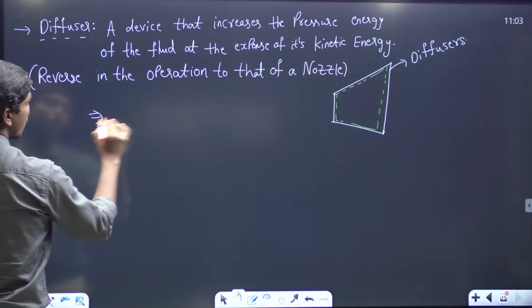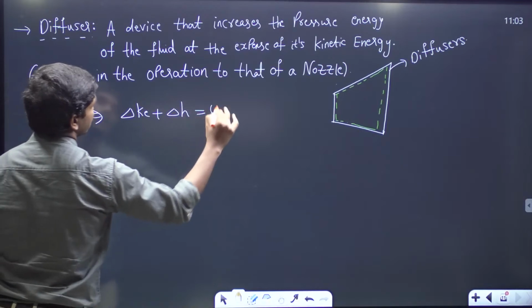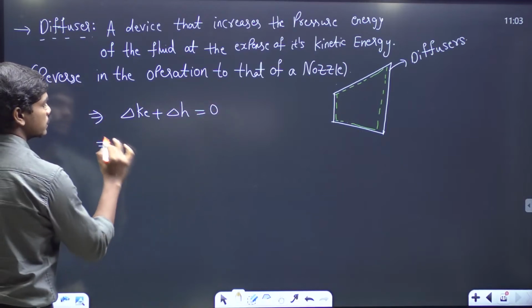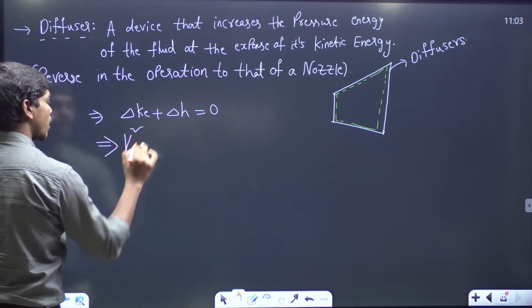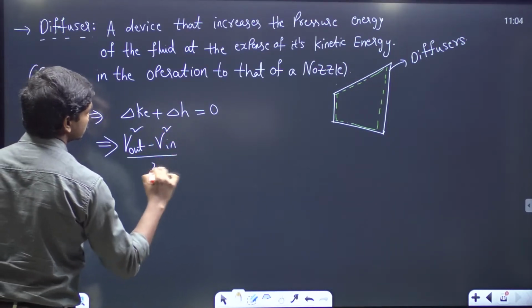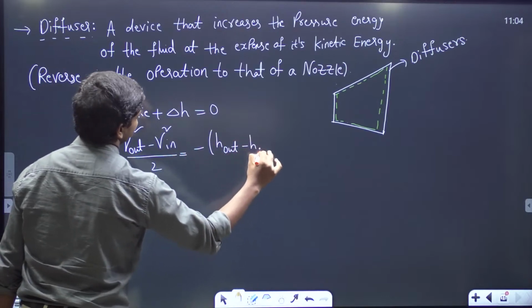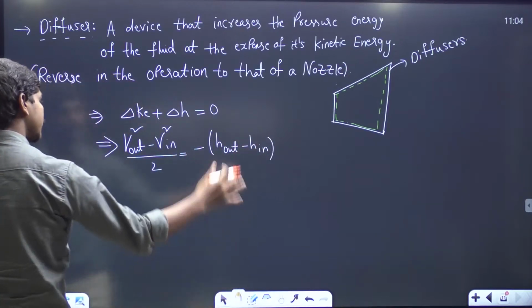So the same equation holds here: delta KE plus delta H is equal to 0. This implies (V square out minus V square in) by 2 is equal to minus (H out minus H in), which is H inlet minus H outlet basically.